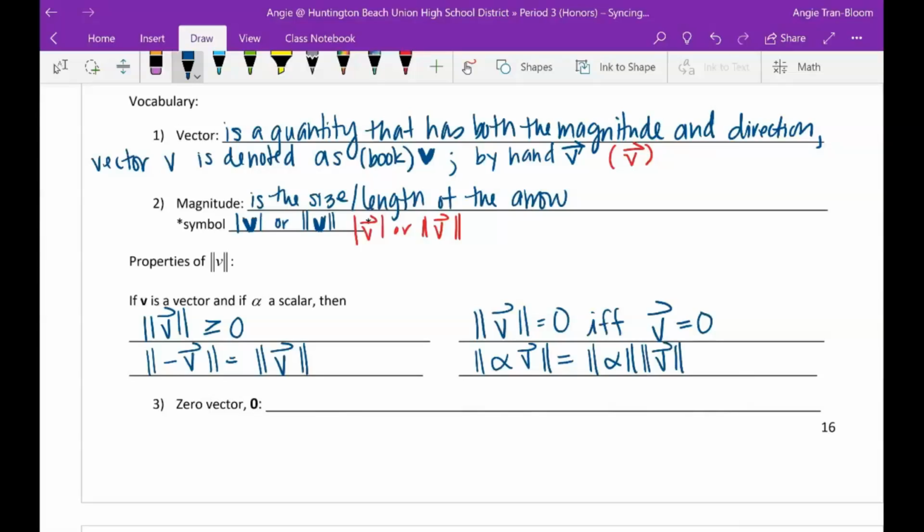Then the last one on this page is zero vector, which is denoted as bold 0 in your book. When we're writing it in class, we write it like that.